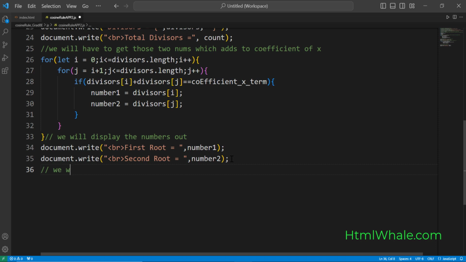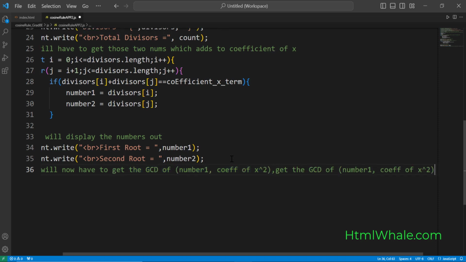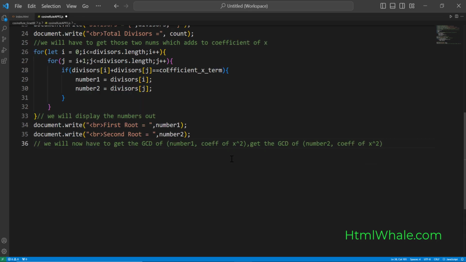We will now have to get the GCD of number 1 with the coefficient of x squared, and we will also have to get the GCD of number 2 with the coefficient of x squared. So these two things we need to get.